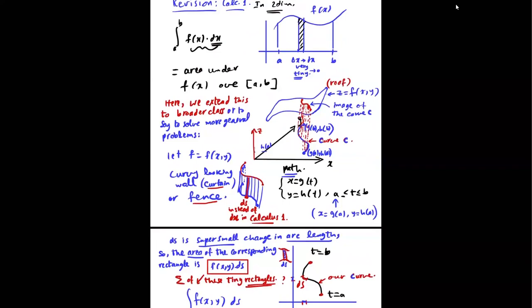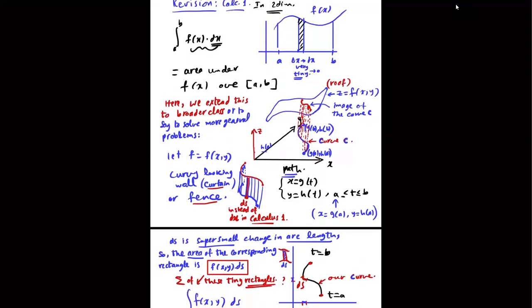Here we have the same story, but it is not over the x-axis, it is over this curve x of t, y of t parametrically, or r of t in vector form. So we get the same conclusion. We calculate the area under this roof surface and over this curve in the plane or in space.